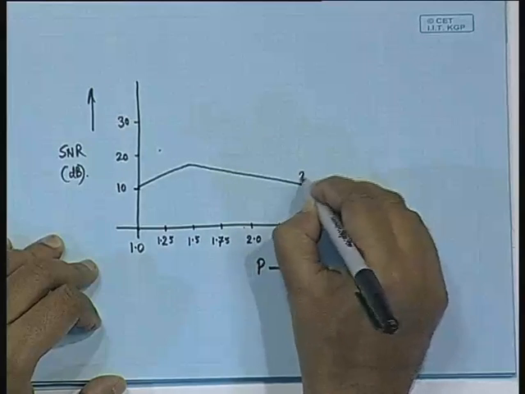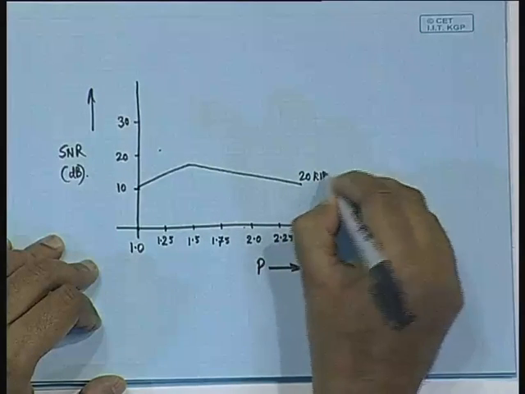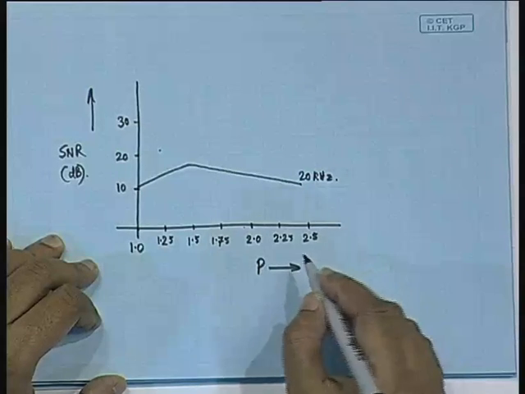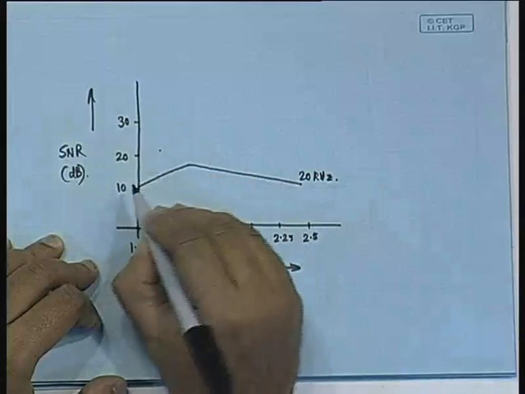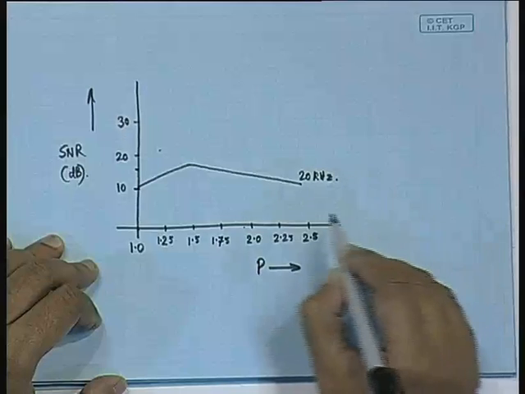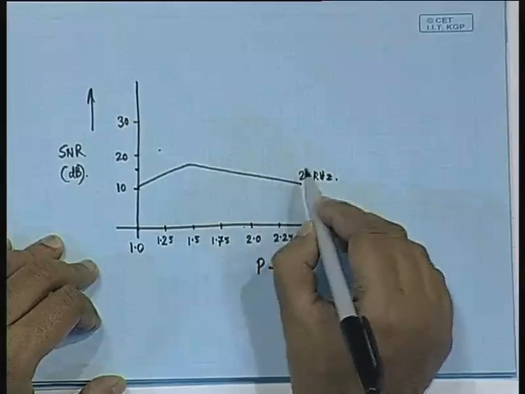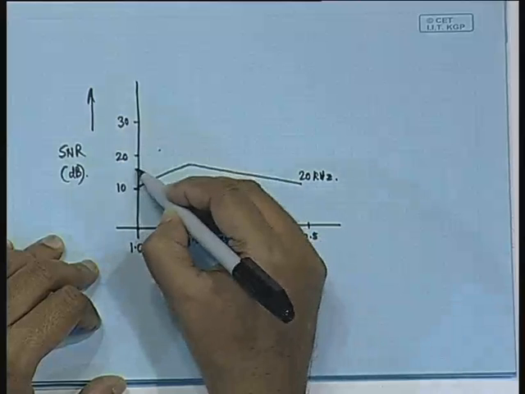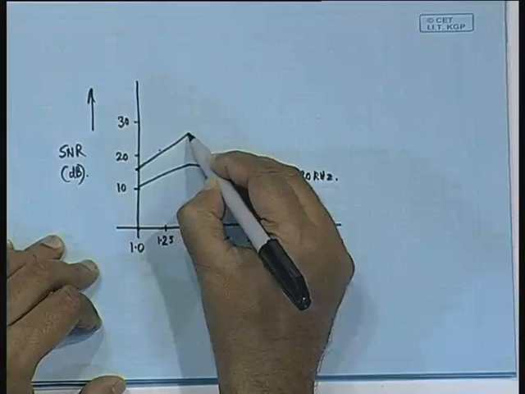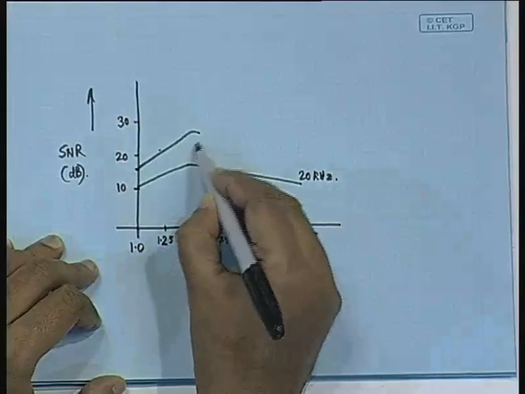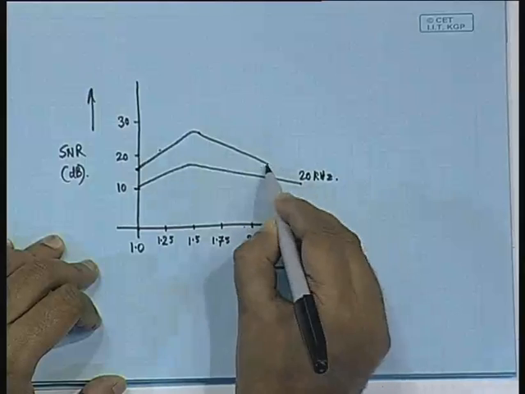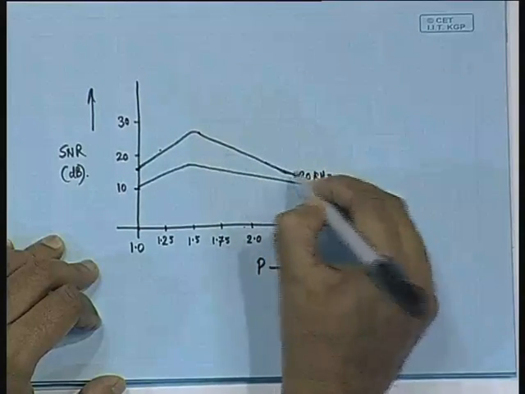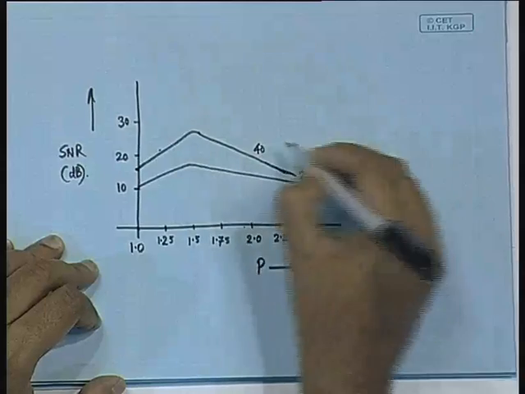Okay, so this is what we are going to have for sampling frequency 20 kilohertz. And if we double the sampling rate, let us say from 20 to 40, in that case the curve would look something like this. I mean it will never intersect, of course.